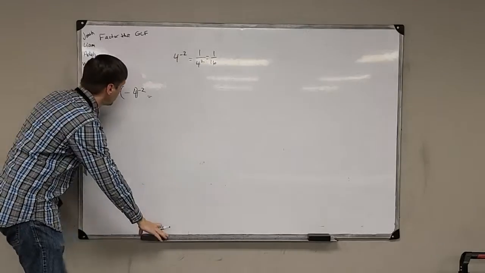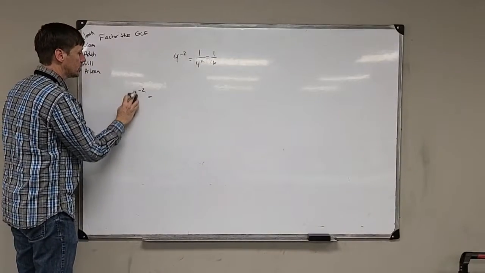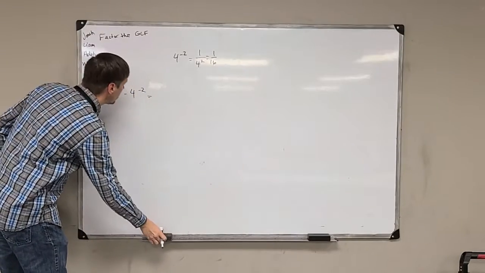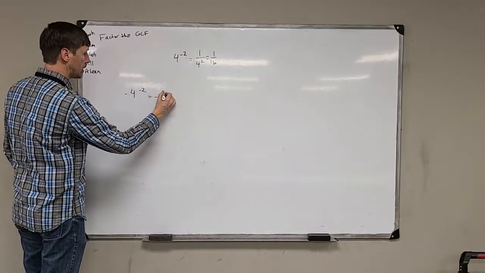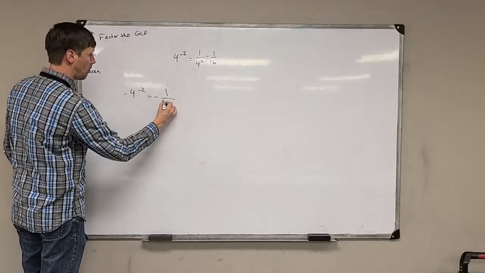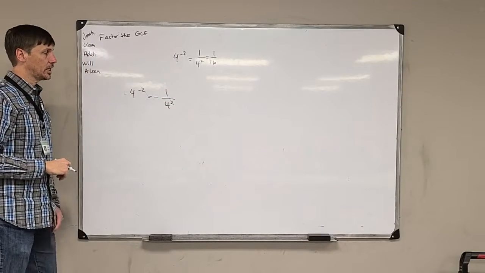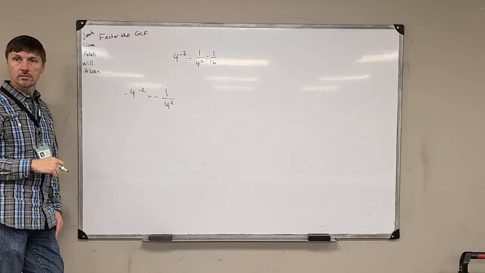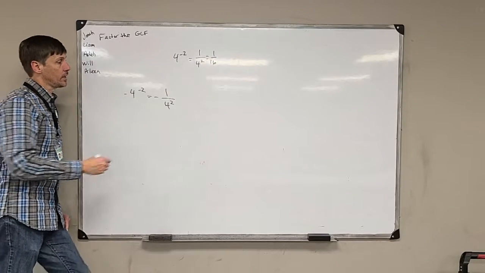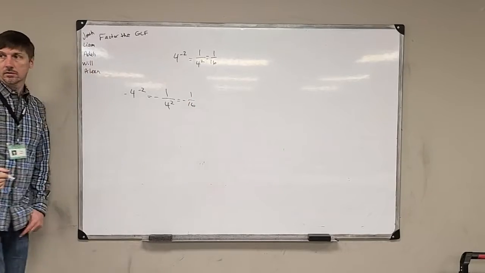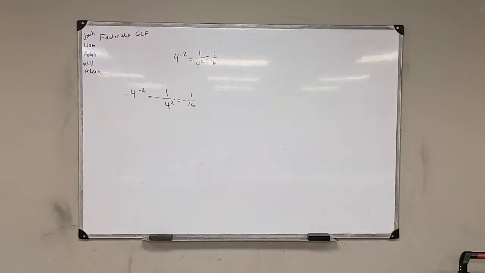It's not. So the negative power there only applies to the 4. So we're going to keep the negative in the front, bring our 4 to the bottom, and say that's negative 1 over 4 squared. And so that equals negative 1 over 16. Does that make sense?